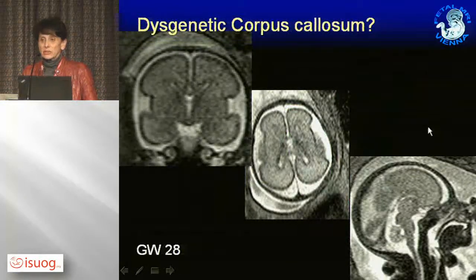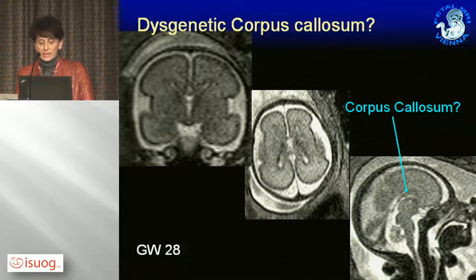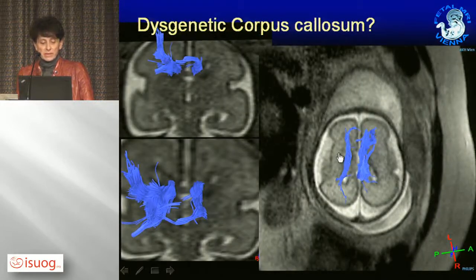Well, I show you another case. What is this? Is this a dysgenetic corpus callosum? Dysgenetic because it is misshaped and here it is too thin, or is it something else? Well, if it is a corpus callosum, we should not be able to find Probst bundles, because the Probst bundles are the corpus callosum. In this case, there were Probst bundles.